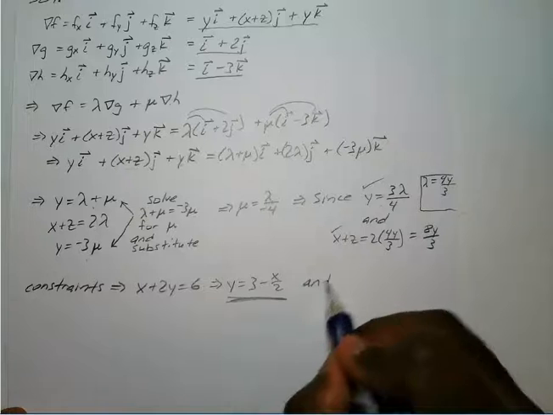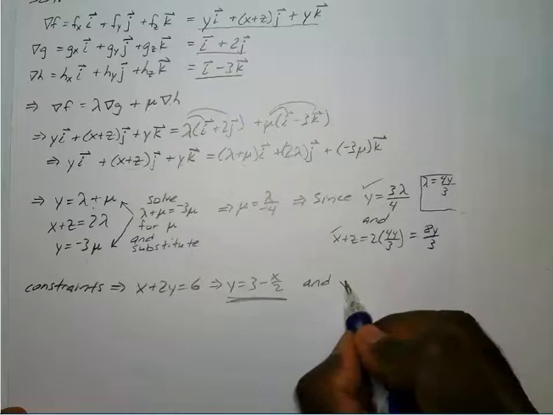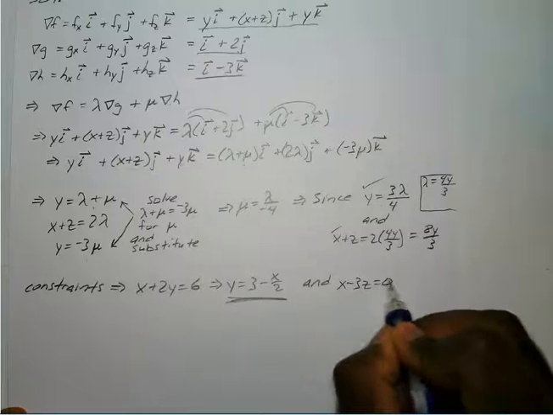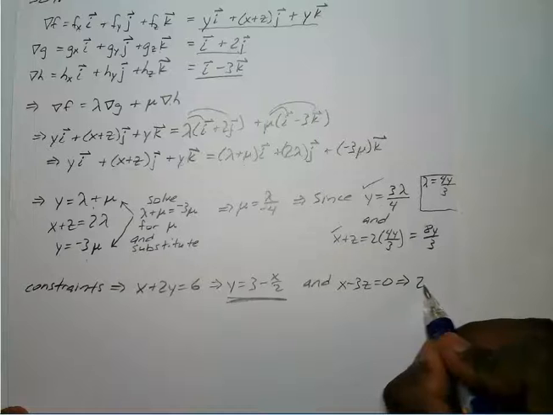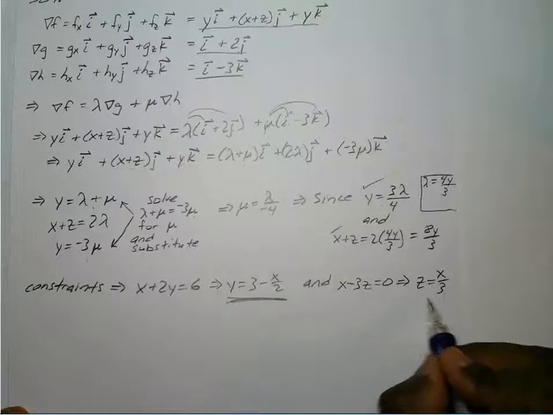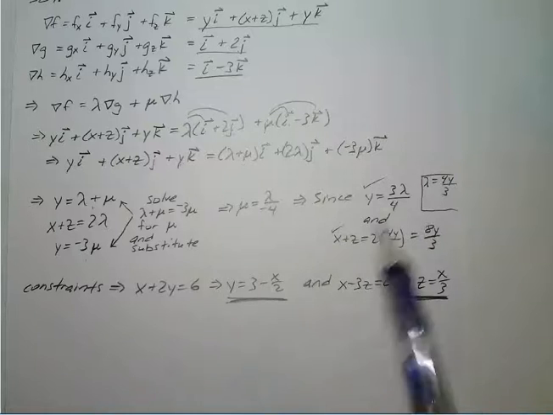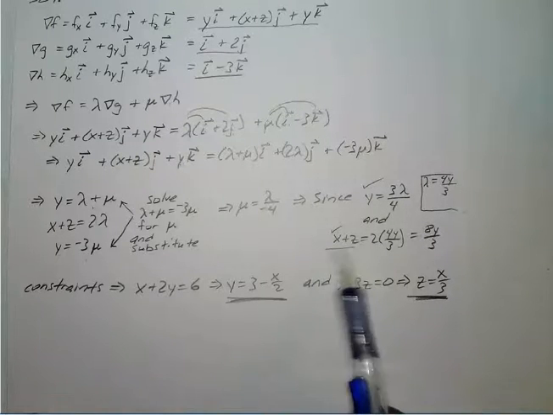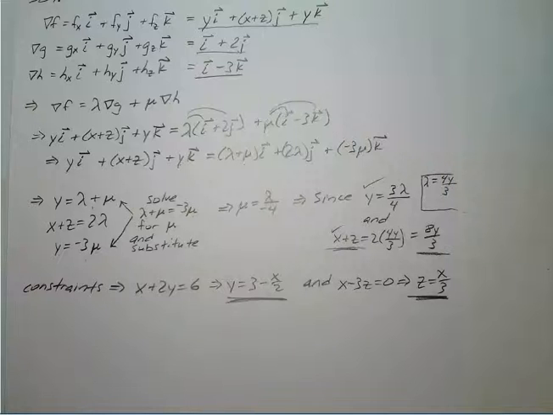And if you look at x minus 3z equals 0, that means z is equal to x over 3. We're slowly getting rid of it. Looking at these three, we don't have any more lambdas or mus, so now we can start solving for our x, y, and z.